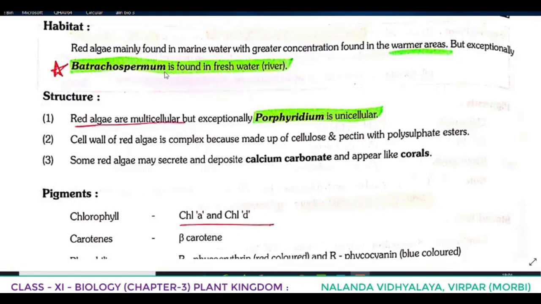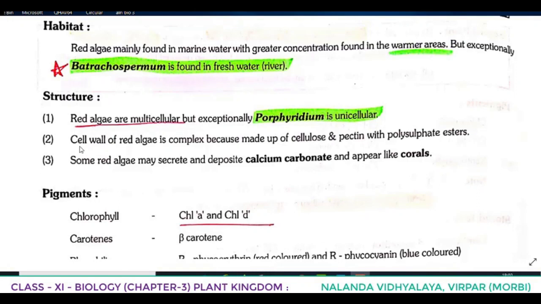Batrachospermum. Now, regarding the structure, red algae are multicellular, but exceptionally Porphyridium is unicellular. See that? Red algae are multicellular, but exceptionally Porphyridium is unicellular. So, you have to remember that point. Please note down.